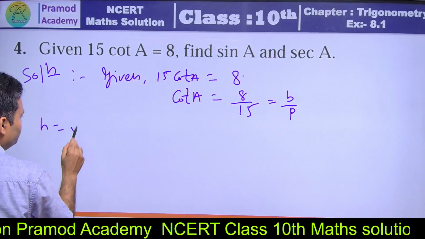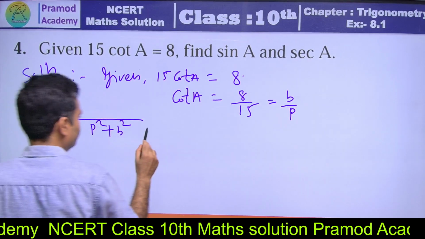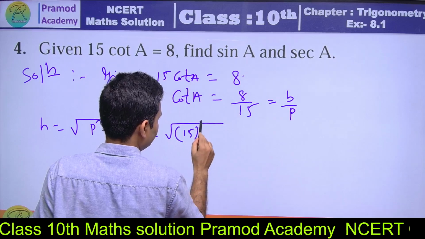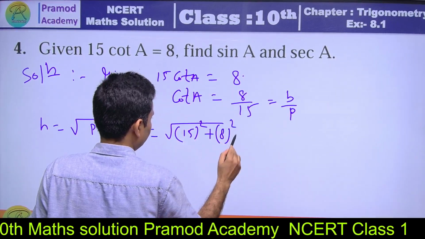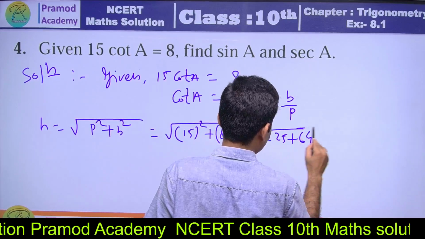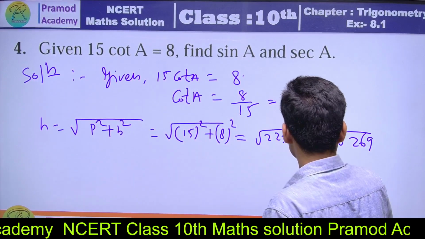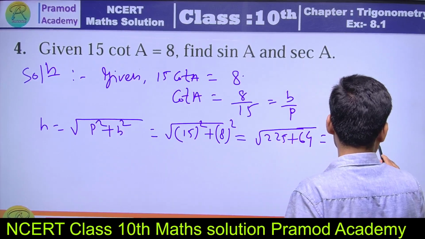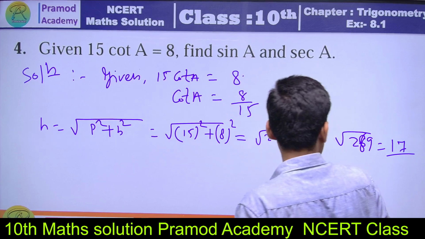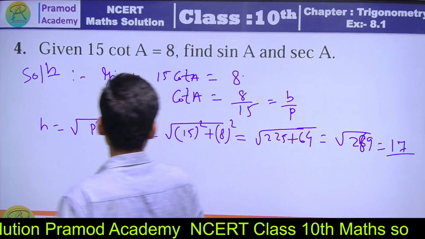So H equals root of P square plus B square. Here the value of P is 15, so 15 square plus 8 square equals 225 plus 64, 289. So the square root of 289 is 17. Value of H is 17.